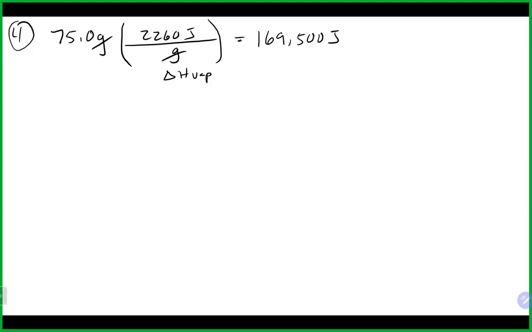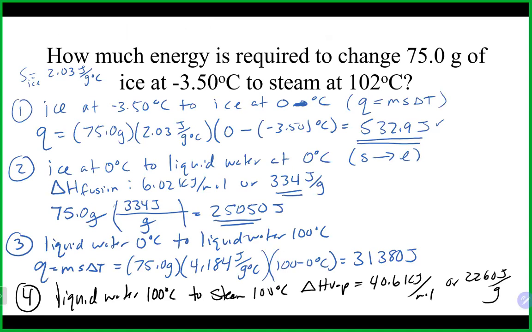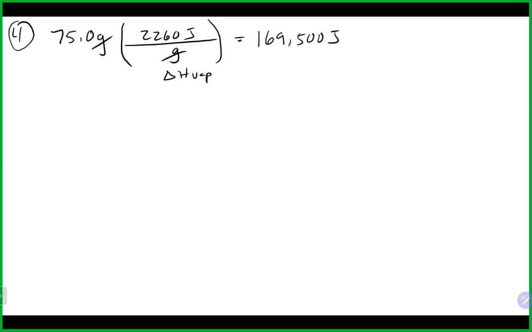As a side note, as we talked about earlier, if we look at the transition here, which is our delta H of fusion, it took about 25,000 joules to take ice to liquid water. It takes, as you can see here, about 170,000 joules to take liquid water to steam.